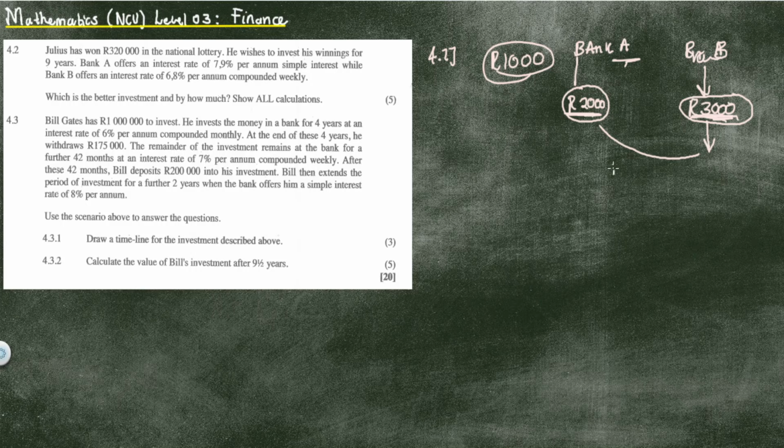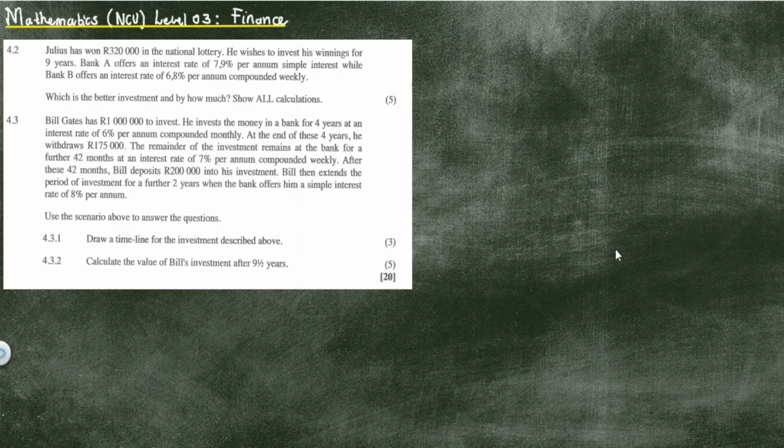To find out by how much option B is better, we take the 3,000 and subtract the 2,000 from it, and then we can see that option B is better by 1,000 rand. Of course, both banks have returns on the investment, but one of the two should yield a better investment. So that's what we're going to do with question 4.2.